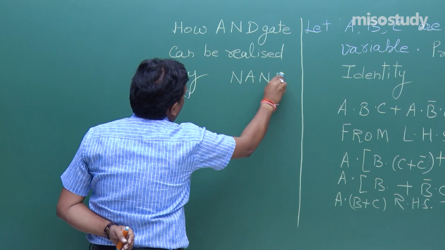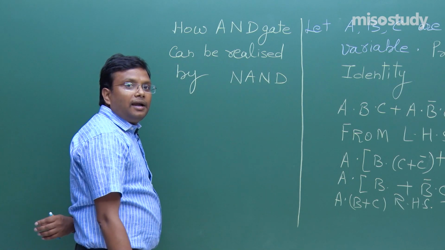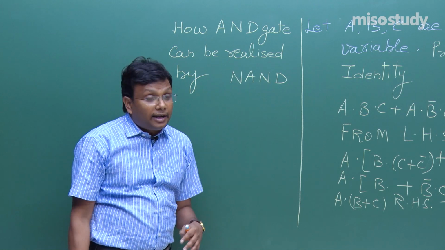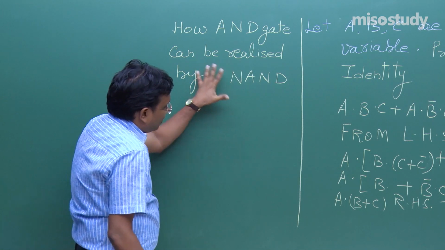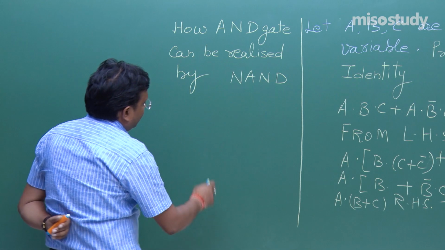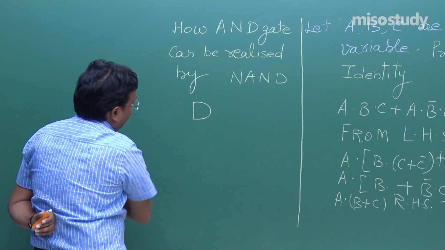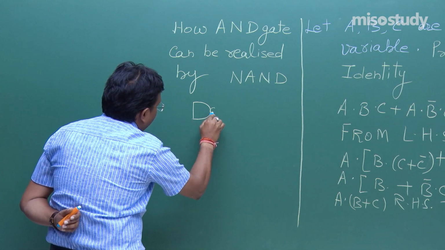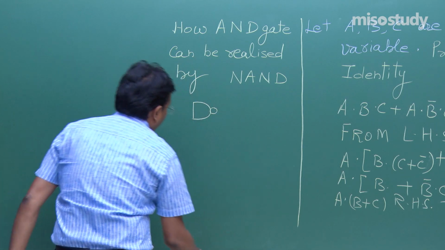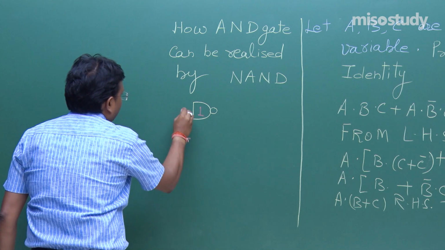Let's say I have NAND gate and I want to create AND gate. So how I can create it? Fine. So we can create it like, first take NAND gate. Fine. This is number 1 is NAND gate.